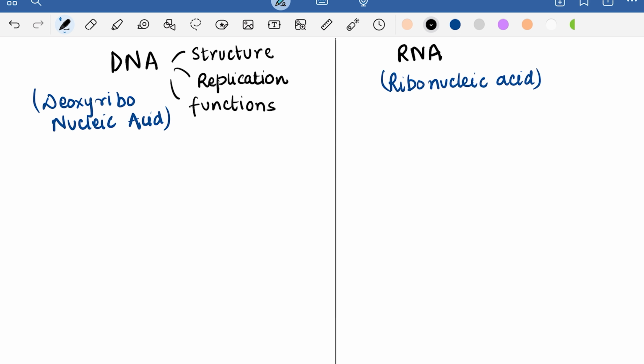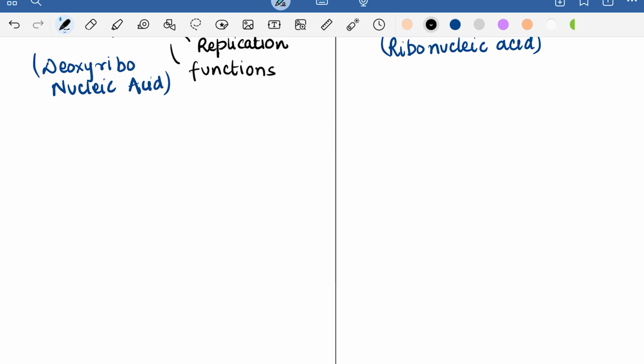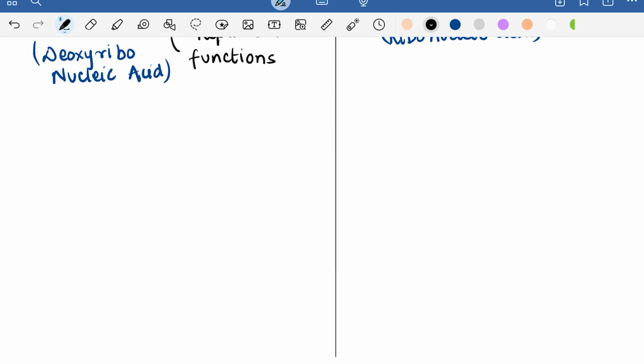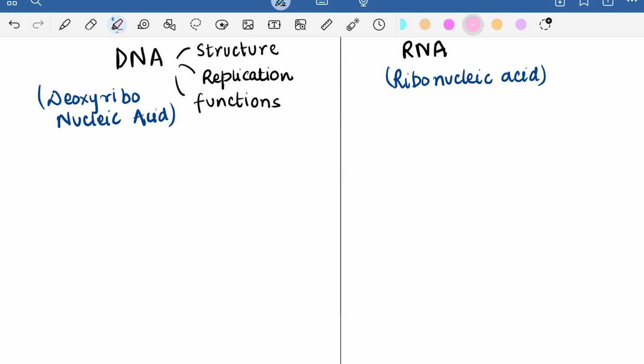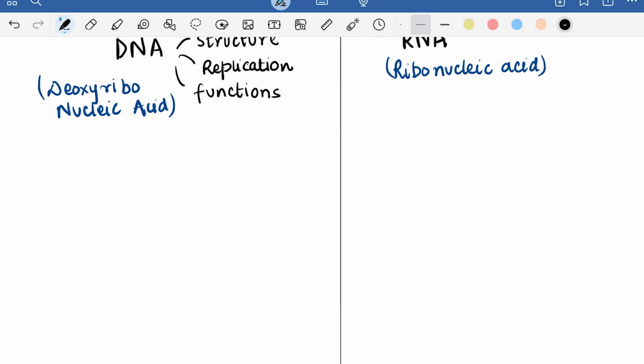So, when we're trying to understand RNA, the first step is to compare it with DNA because that's usually where the confusion starts. The big difference between them is in the type of molecule they are. RNA is a ribonucleic acid and DNA is deoxyribonucleic acid. That difference comes down to sugar.